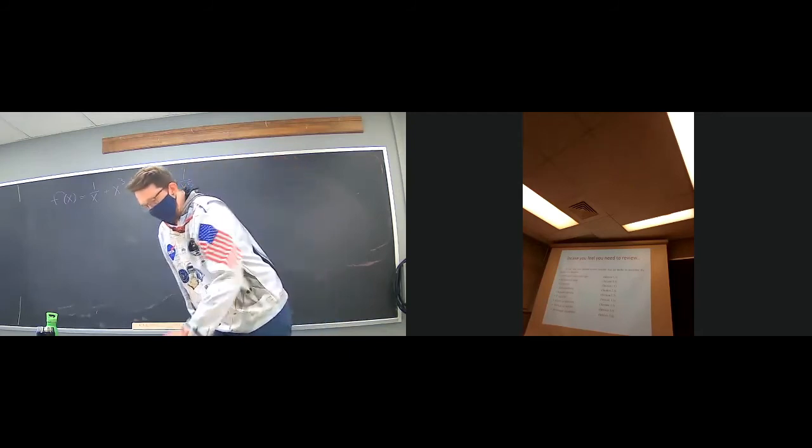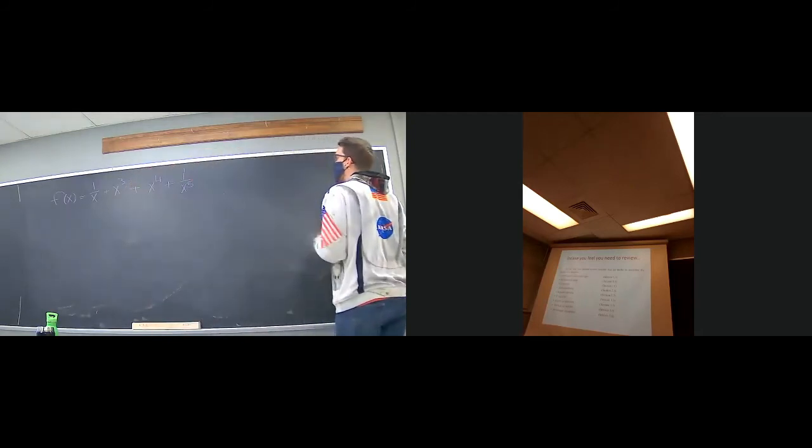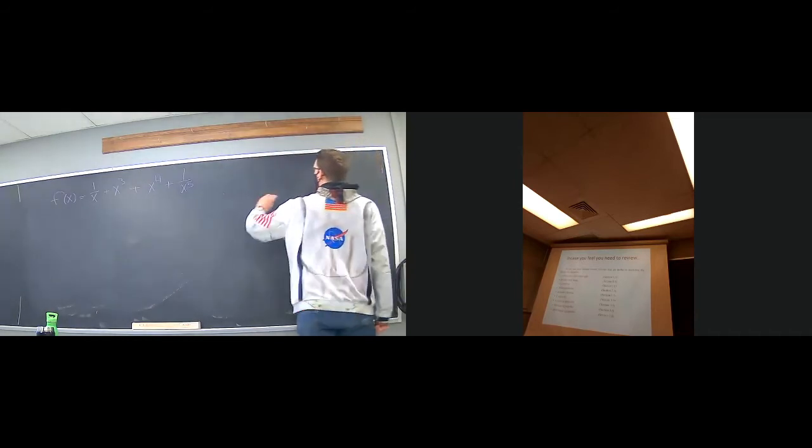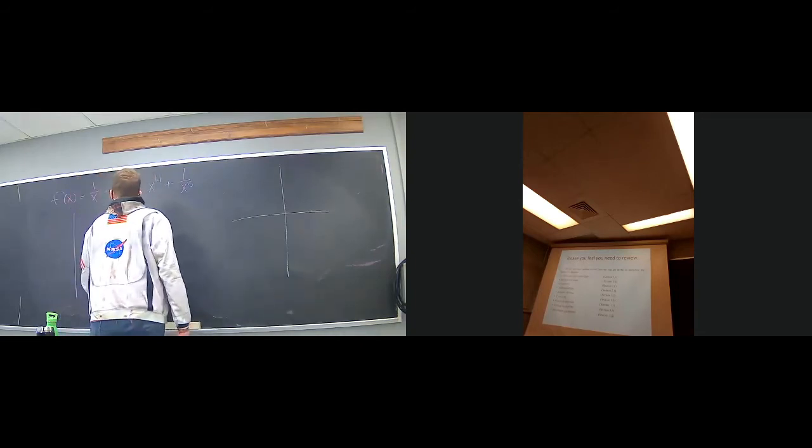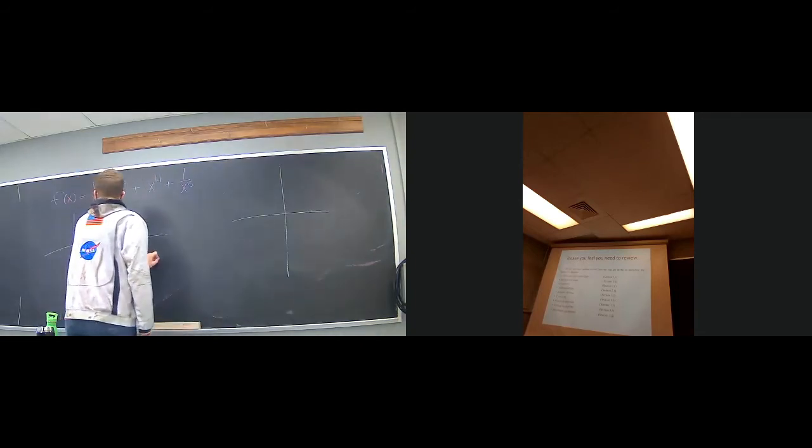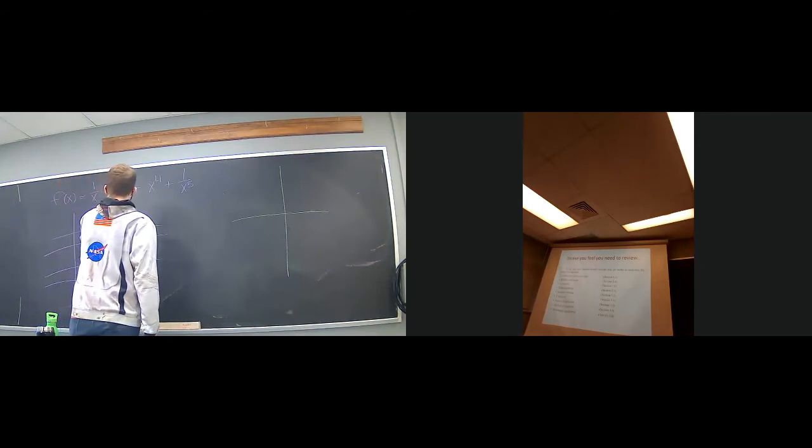I have no clue what this graph looks like. And in order for me to graph it without using the techniques we're about to talk about, we'd have to go through and calculate a bunch of points, right?